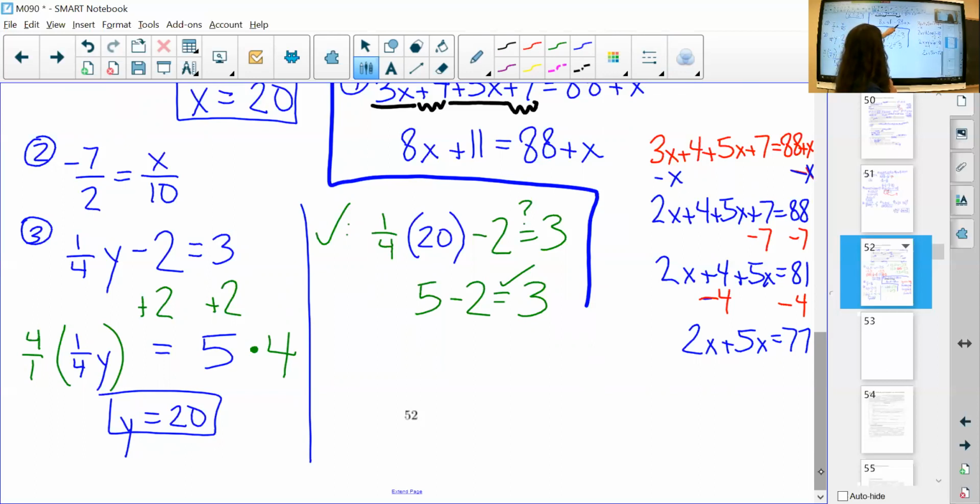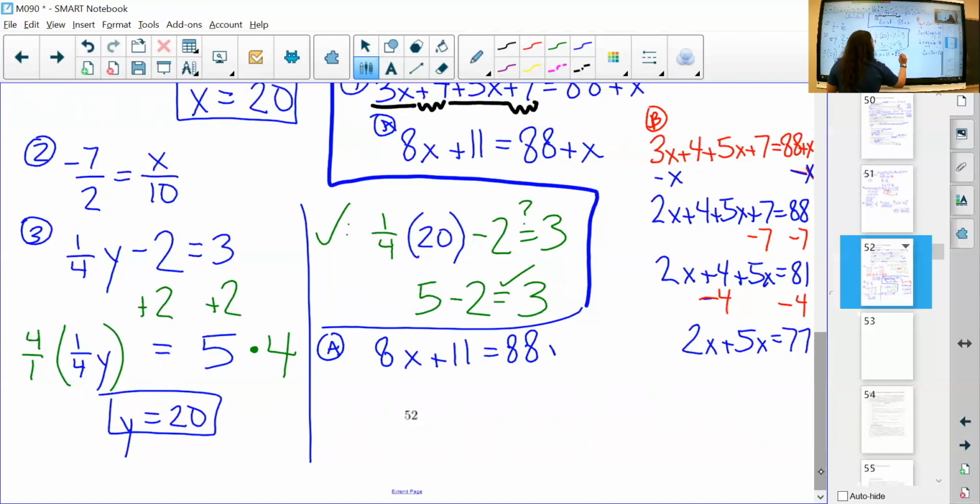8x plus 11 equals 88 plus x. Let's take that one step further. So I'm taking method 1. We'll call it method A so that it doesn't get confused with example 1. And here's method B. Method A, I have 8x plus 11 is 88 plus x.